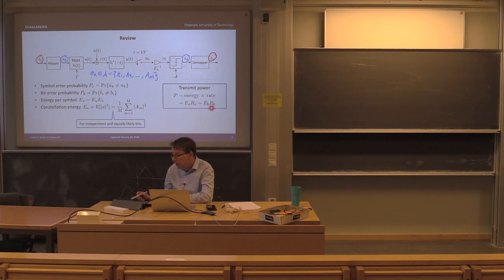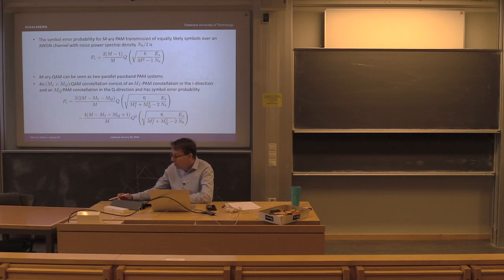Okay. And what we did last time we saw each other was to calculate the symbol error probability for M-ary PAM when we have an equidistant constellation. So a constellation where points are centered around 0 and then spaced evenly on the axis like this.